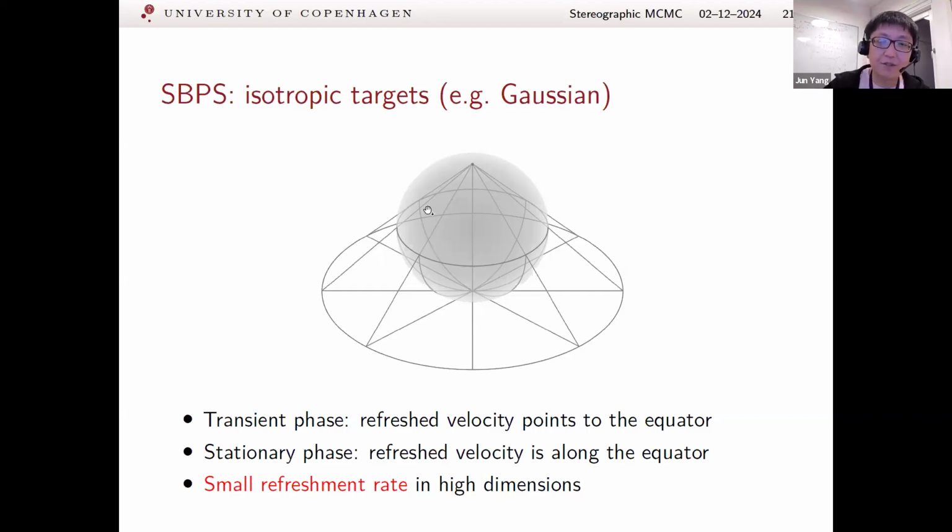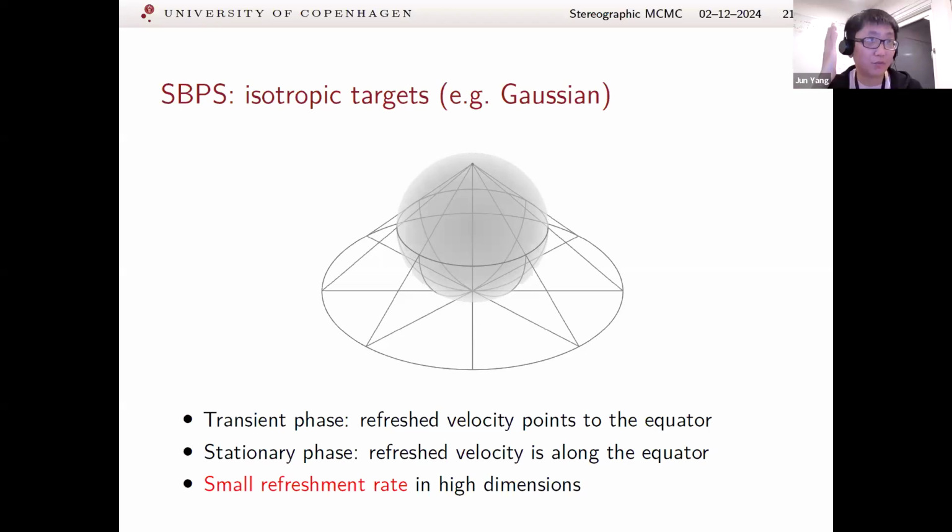And in the stationary phase, if the particle is already near the equator and a refreshment event occurs, I will argue this new direction won't make the particle leave the equator with very high probability. The reason is I can use the same argument again. If the particle is currently at the equator and there's a refreshed direction, I can decompose this tangent space into one particular direction that's basically pointing either to the North Pole or to the South Pole, and all the orthogonal d minus 1 directions, which are orthogonal to that particular direction.